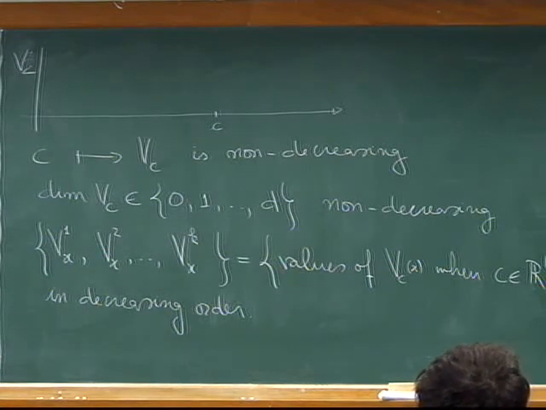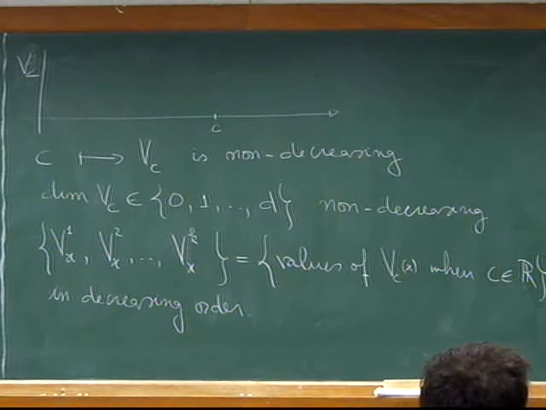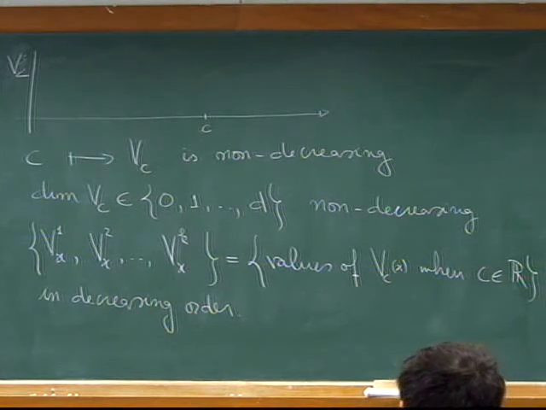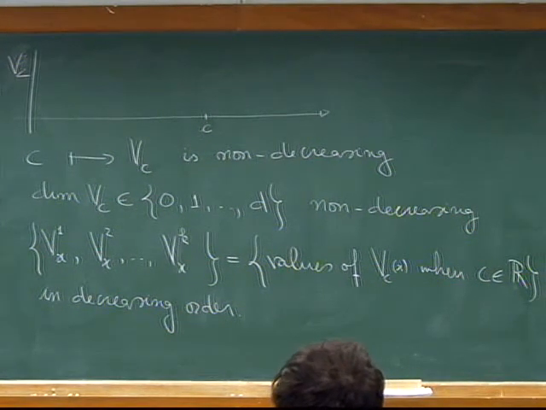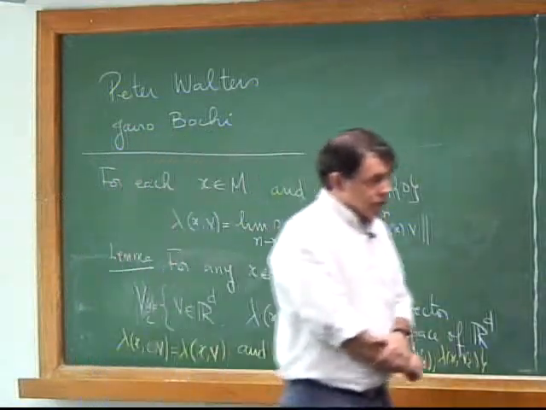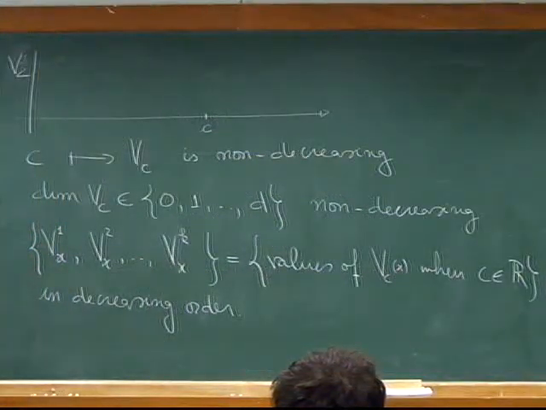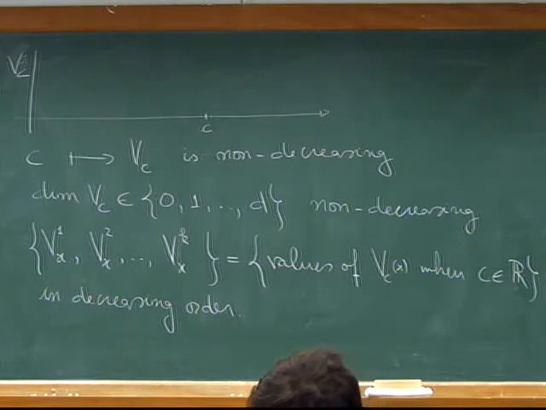Okay? In principle, this is a function from R to subspaces of R^d, but since this is a non-decreasing function, it can only take a finite number of values, and these are the subspaces V1(x), V2(x), etc., Vk(x). Okay?